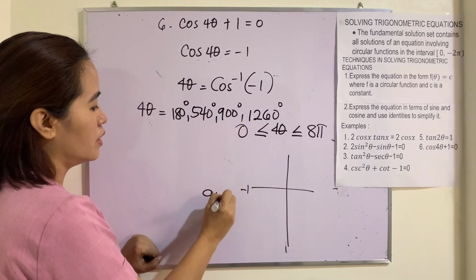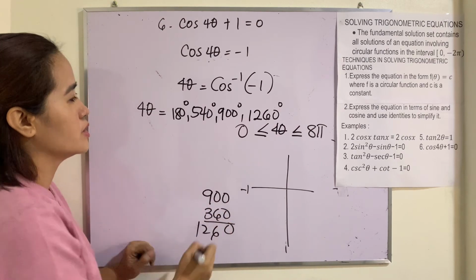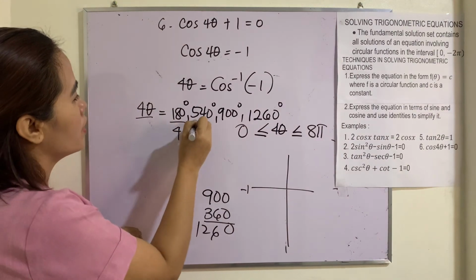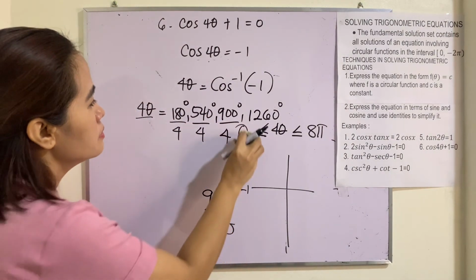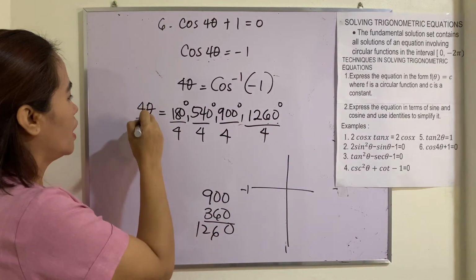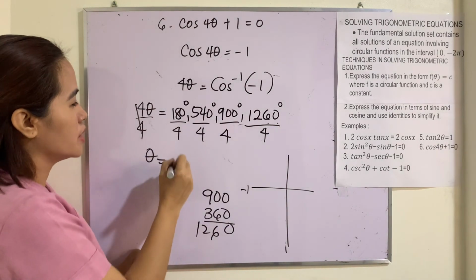And then we'll divide everything by 4. So theta now is equivalent to, this one is 45.